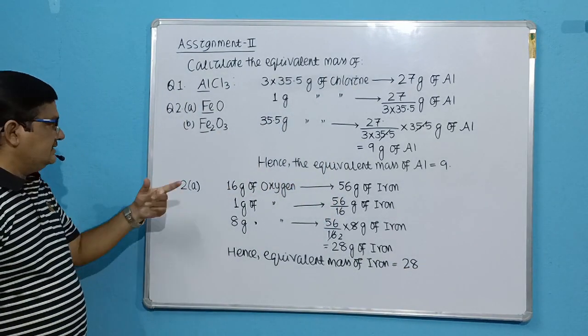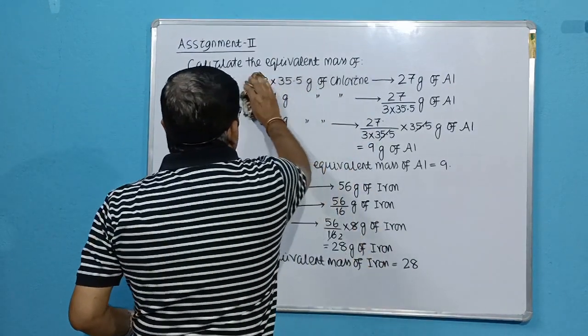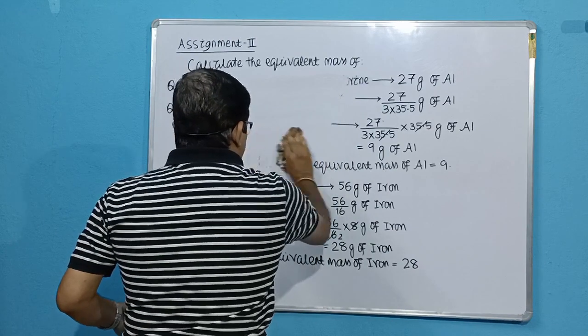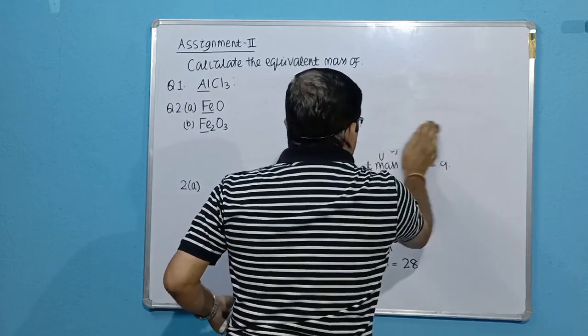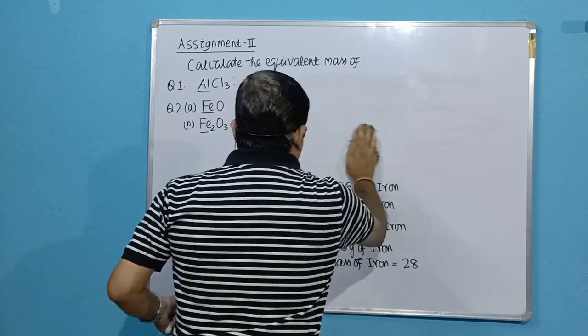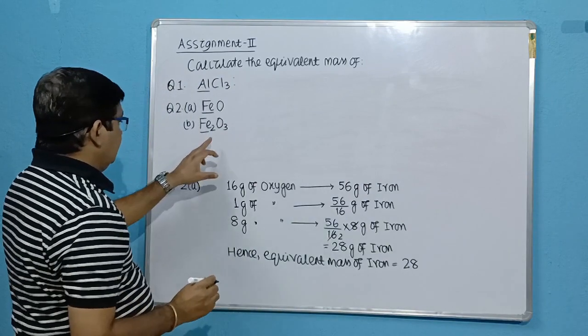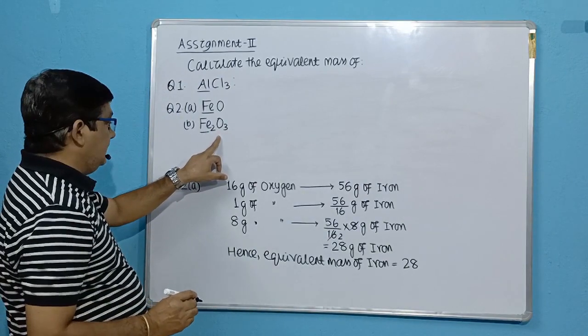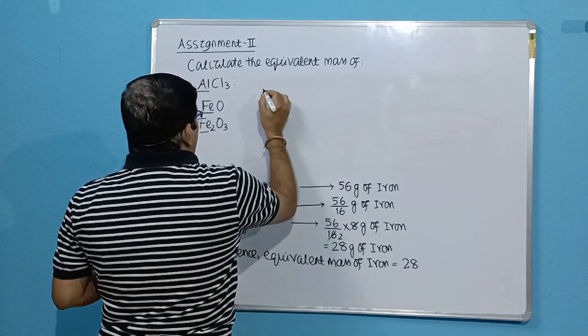Okay. Then next come to the answer of 2B. Ferric oxide. So same procedure we follow. In ferric oxide, 3 atoms of oxygen combine with 2 atoms of iron. So we'll start with 3 atoms of oxygen.